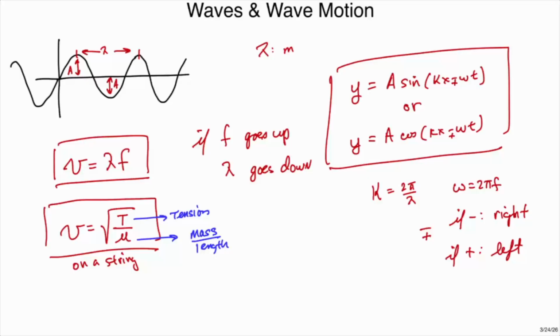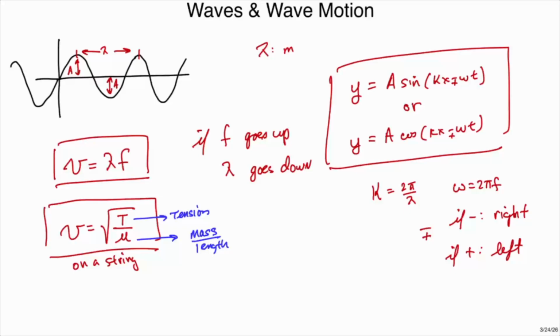To the right. And if there's a plus sign, moving to the left. Right? The number in front of the x, can you use it to find your wavelength? If k is equal to 3, can you find your wavelength? Yeah, because 3 equals 2 pi over lambda, solve for lambda, right?